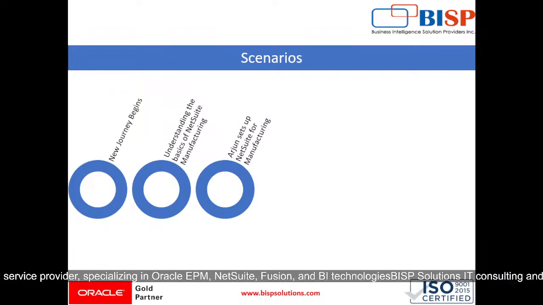The next step he took was setting up NetSuite for manufacturing. Mr. Ravichandran guided Arjun that to start, you need to enable the manufacturing features. Arjun followed these steps: he goes to the Setup option, under Setup he goes to Company, and under Company he gets the option of Enable Features.